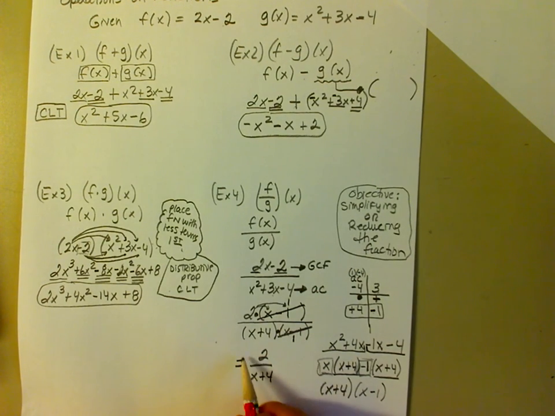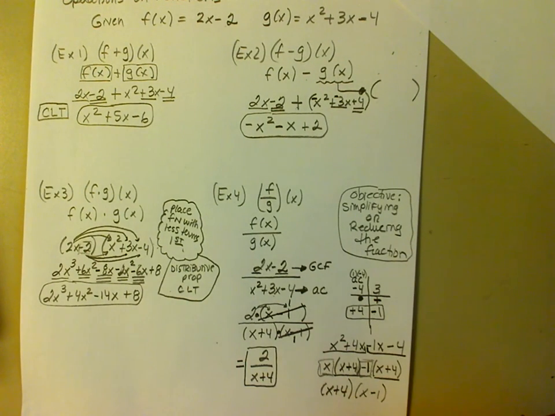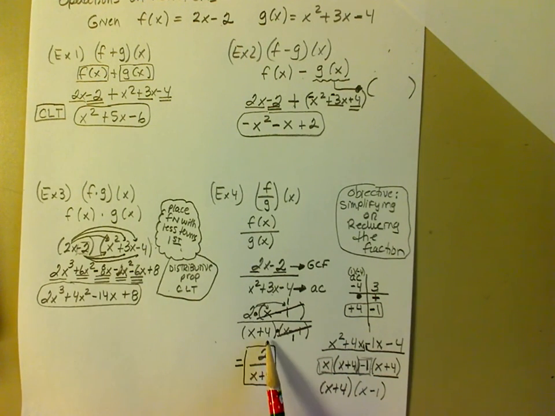So we have reduced a fraction of f of x divided by g of x. A little later on, we will go a step further and actually get into what the excluded values are and how it affects the domain of this particular function. For now, let's just learn the skill and master that first.